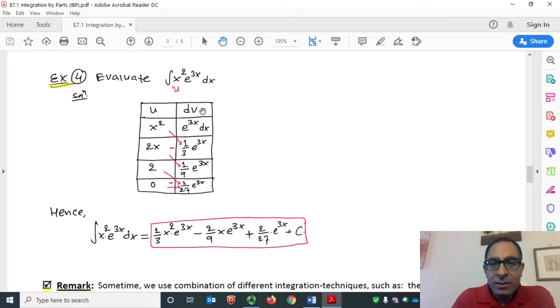Under the dv column, the integral of e to the 3x becomes 1/3 e to the 3x, then the integral of 1/3 e to the 3x becomes 1/9 e to the 3x, and the integral of 1/9 e to the 3x becomes 1/27 e to the 3x. If you saw the pattern here, each derivative under the u column kills the power of this algebraic function: x squared becomes x, then 1, and then 0.